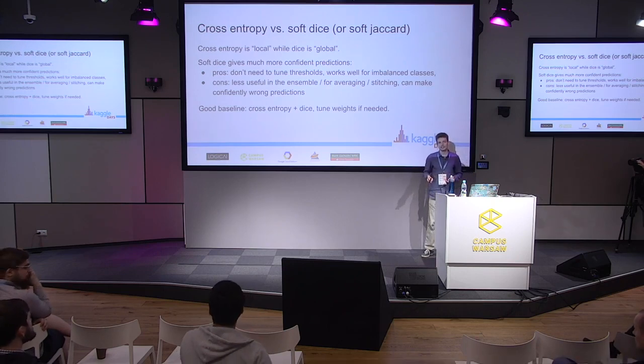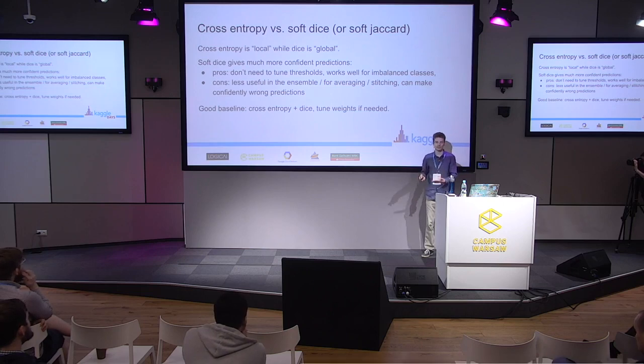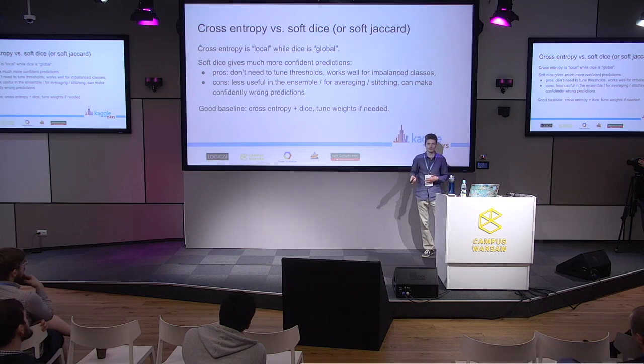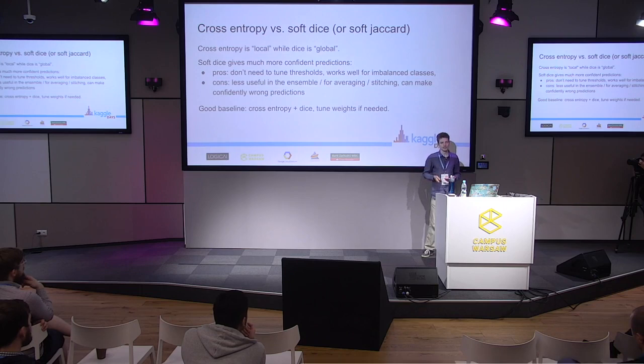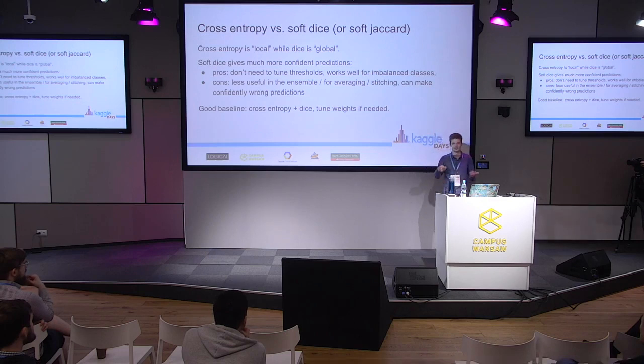But the problem with Dice is that it forces the network to make confident predictions, and this is bad if you do averaging in the ensemble or if you want to see which examples are hard for the network. So usually people combine Dice and cross entropy. You take a weighted average of both losses, so the network tries both to predict something softer and also to make confident predictions. This usually works best, and the weights are a hyperparameter which you tune like everything else.